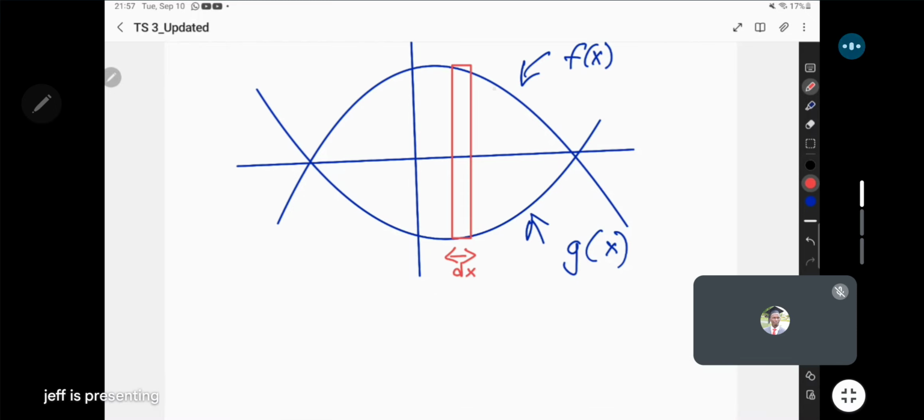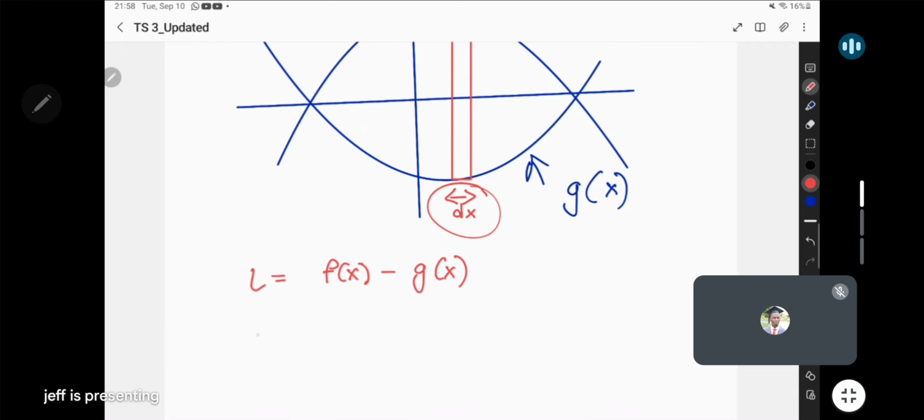And then, to get the area of something rectangular like this, you have to multiply the length and the breadth. So the breadth is going to come out as that thickness. The length will have to be from the bottom all the way up to the top. Again, observe that here, when getting the length, you end up with the upper function minus the lower function.